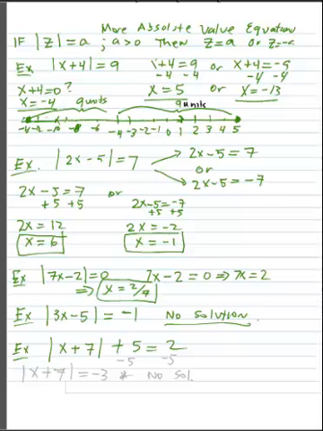In this particular equation, we want to get the 5 on the other side with the 2 as the first step. Subtract 5 from both sides. That gives us the absolute value of x plus 7 is equal to negative 3. And now there's that stopping point. No solution again, because the right-hand side is negative, whereas the left-hand side will always be greater than or equal to 0. The absolute value always produces something greater than or equal to 0.